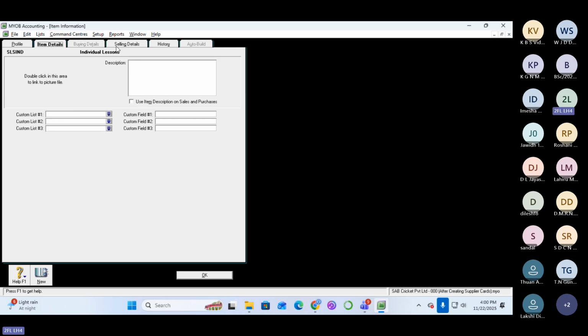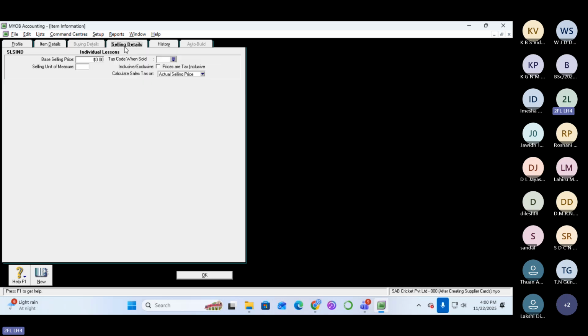Then you can see there is another tab called buying details, but that tab is locked. The reason is I am not buying this item. I have not selected that. The selling details tab is active because I am selling this item. Go to the selling details tab, and there is a base selling price you have to enter.